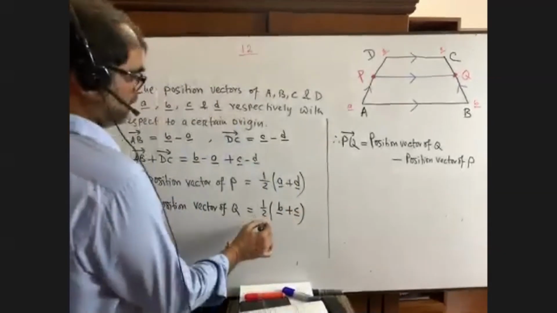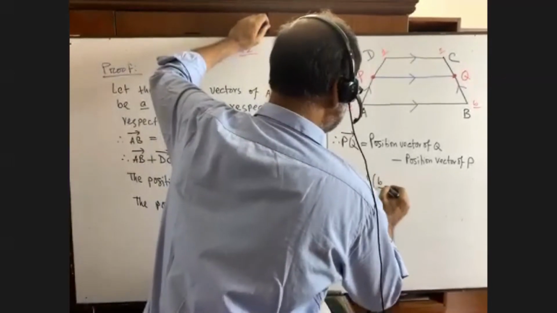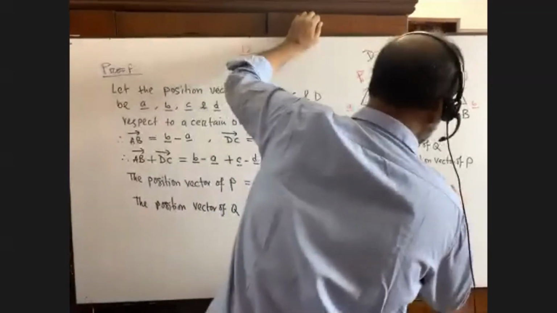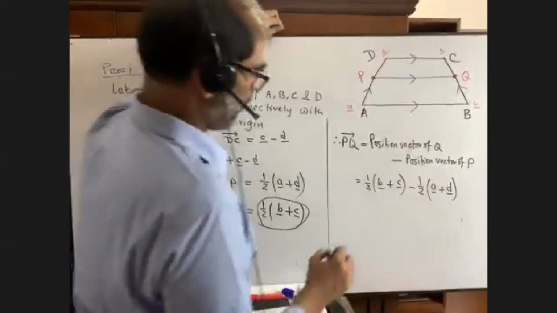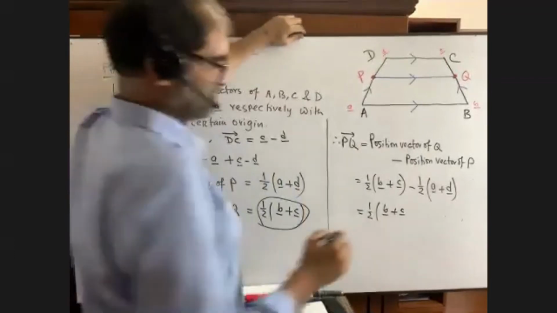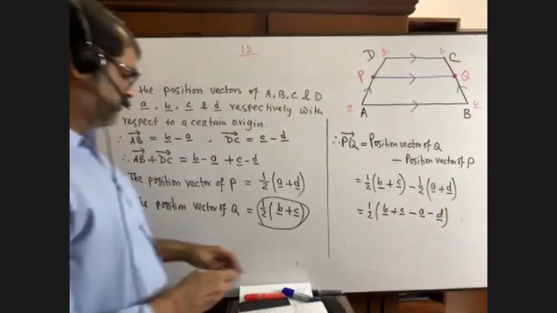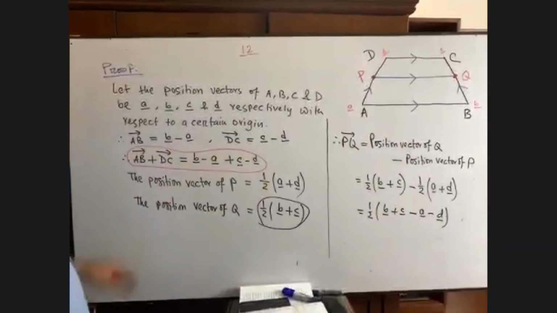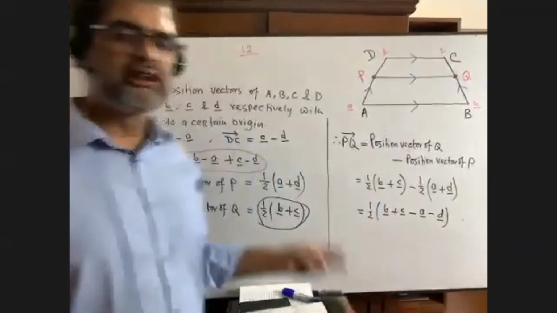The position vector of Q is half of B plus C, minus half of A plus D. That means half of B plus C minus A minus D. Compare with this part: B minus A is B minus A, C minus D is C minus D. Have you seen they are the same?